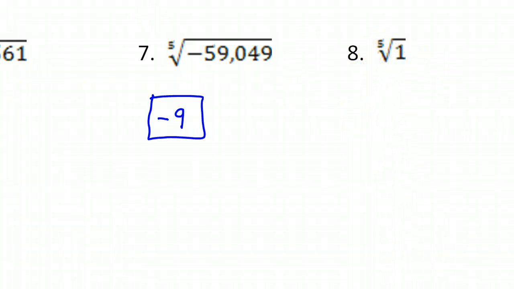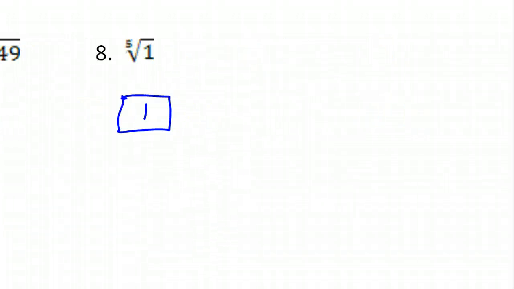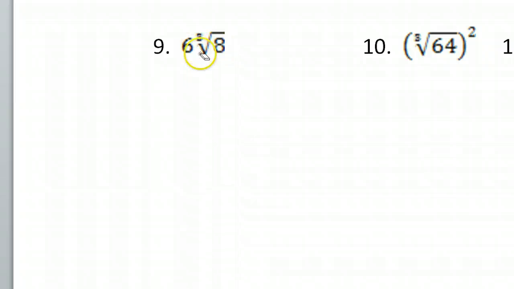Now, the fifth root of 1 is the answer to the question, what to the fifth power is equal to 1? Obviously, only 1 to the fifth power can equal 1. So there you go. Don't really need a chart for that, do we? So that's number 8. Okay, number 9. We'll have to do this in 2 steps.